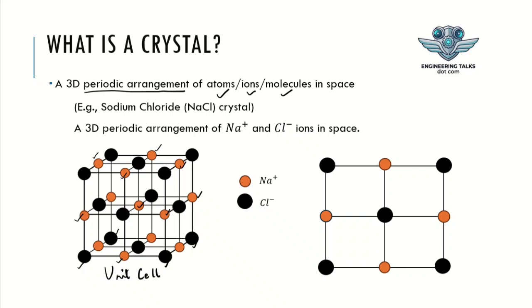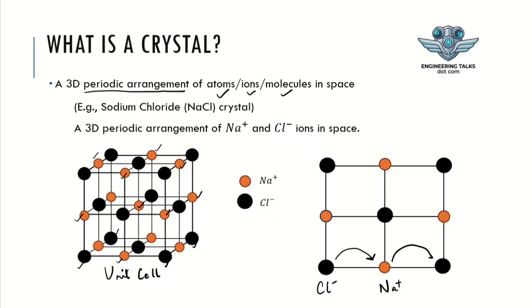So here, what is meant by a periodic arrangement of sodium and chloride ions, or generally periodic arrangement of atoms or ions or molecules in space? Just look at this figure. Here we have a chloride ion. After a particular distance, we have a sodium ion.